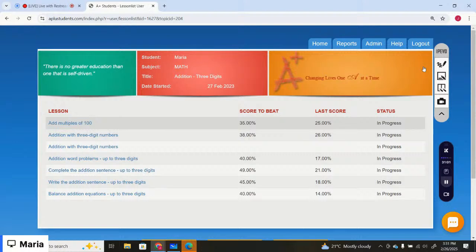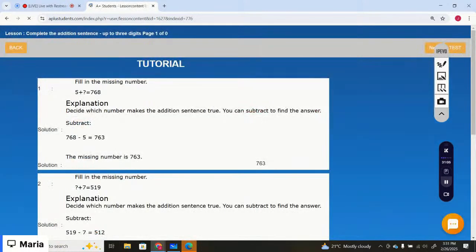The next lesson is complete the addition sentence up to 3 digits. Let's just start with the test questions.